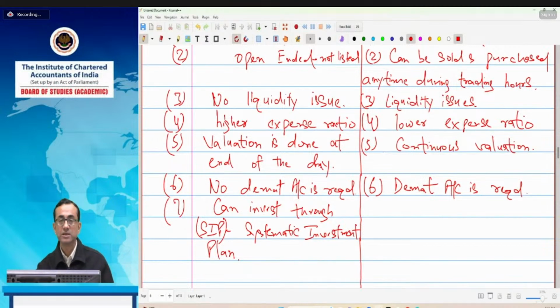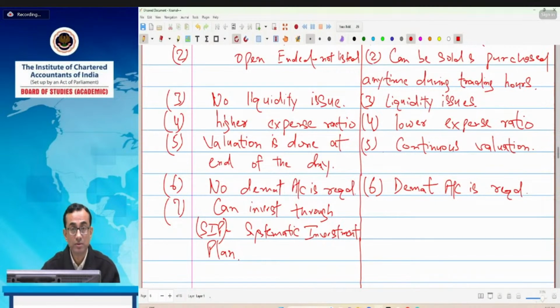So in a systematic investment plan, the investor basically invests a small amount, you can say every month. He can start with as small as 500 rupees. Another option is to invest in lump sum, but in SIP, a periodic amount is invested every month. So that is why it is called systematic investment plan or SIP.